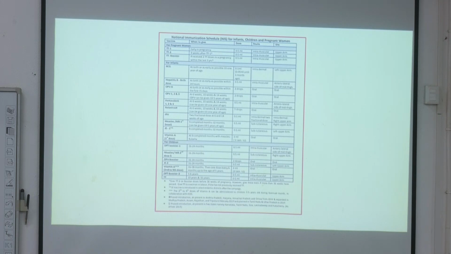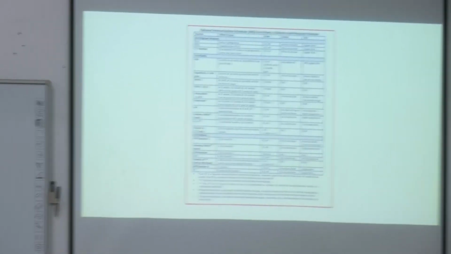So this is an expanded chart of that. You cannot read it, you will read it in the PSM book. This is the national immunization program. A number of vaccines are given to a child so that the child does not suffer from infectious disease in future. Common vaccines which you all have taken are basically polio, diphtheria, DPT and MMR vaccine.